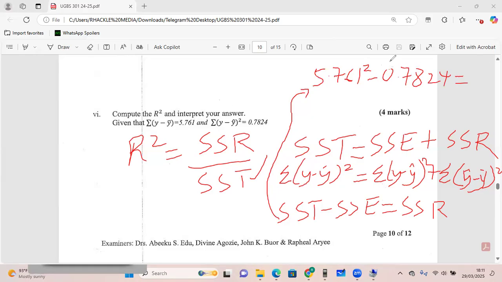You square this before you subtract, and you are going to get 33.189. So 33.19. You can put it like that.